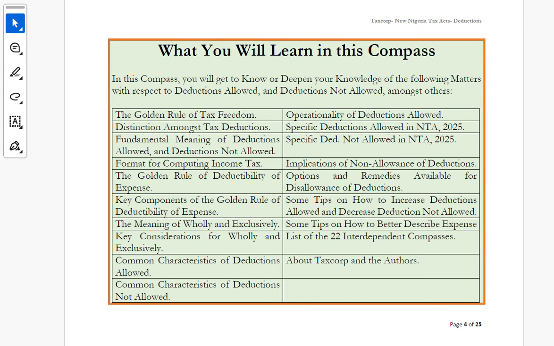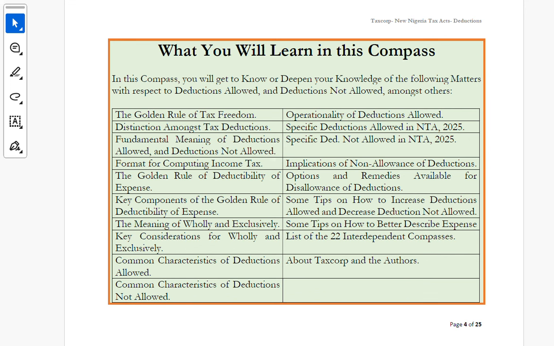So, what are you going to learn in this video, in this particular compass? They include the golden rule of tax freedom, distinction amongst tax deductions, fundamental meaning of deductions allowed and deductions not allowed, format for computing income tax, the golden rule of deductibility of expense, key components of the golden rule of deductibility of expense, the meaning of wholly and exclusively, key considerations for wholly and exclusively, common characteristics of deductions allowed, common characteristics of deductions not allowed, operationality of deductions allowed, specific deductions allowed in the Nigerian Tax Act, specific deductions not allowed in the Nigerian Tax Act, implications of non-allowance of deductions, options and remedies available for disallowance of deductions.